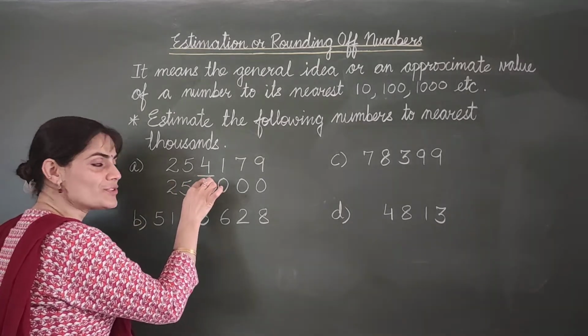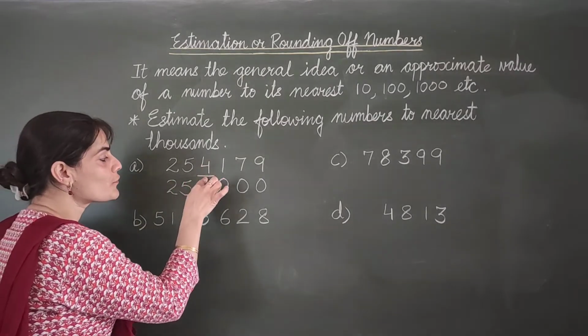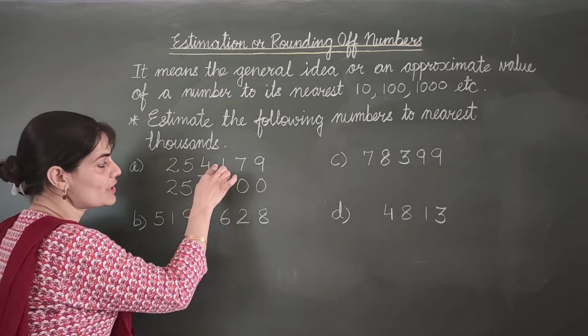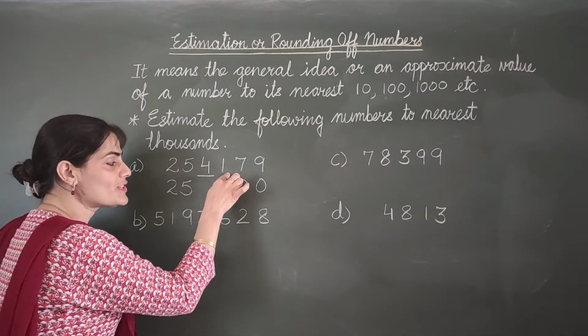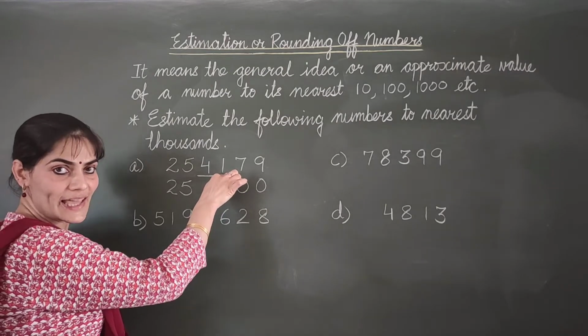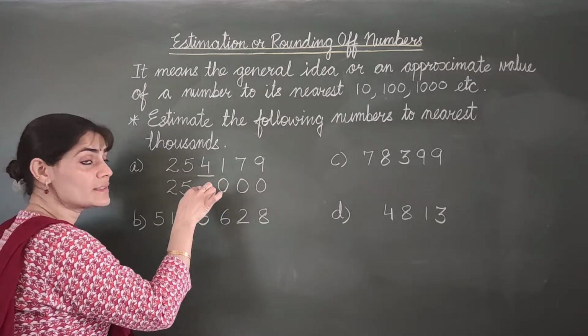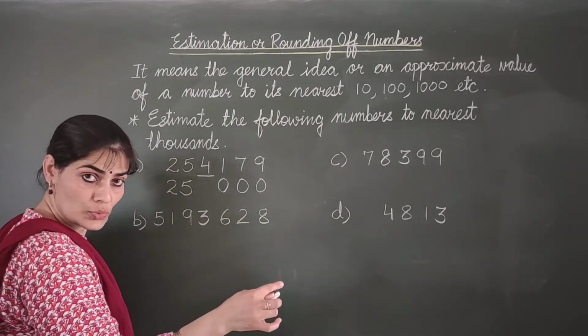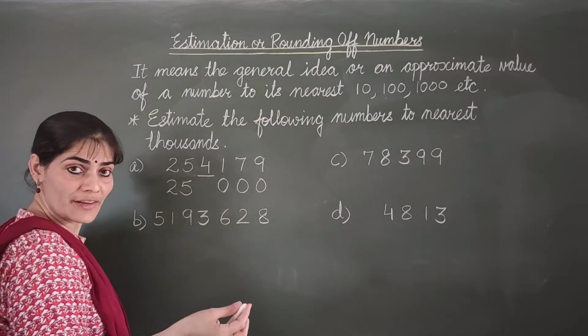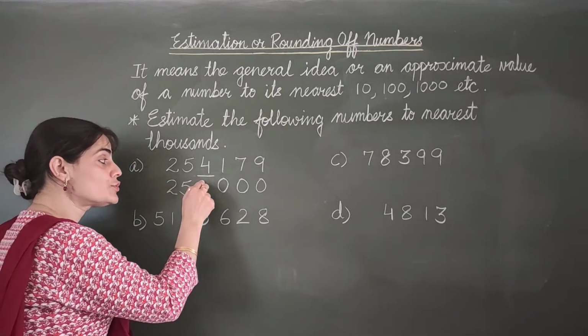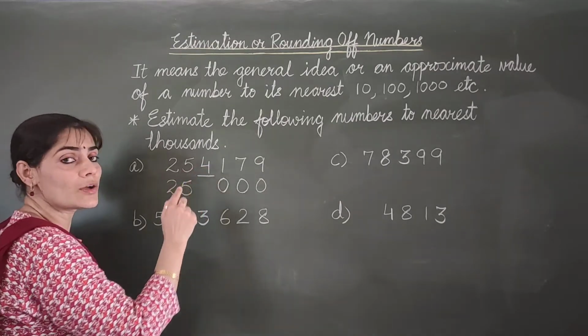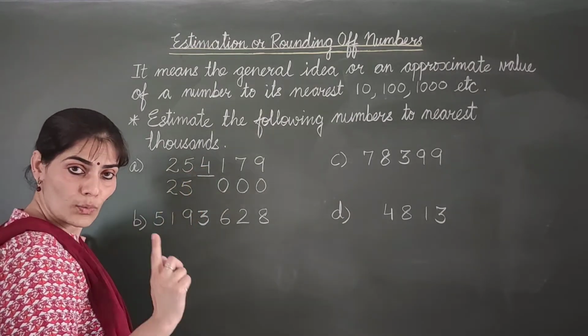Now what are we going to do with this 4? This 4 will remain unchanged if the digit at hundreds place is less than 5. But if it is either equal to 5 or more than 5, then we will have to increase the digit at thousands place by 1.